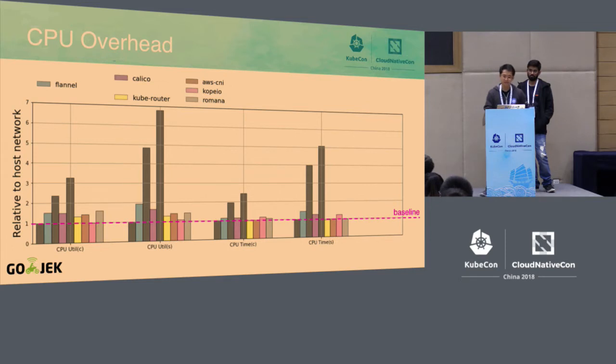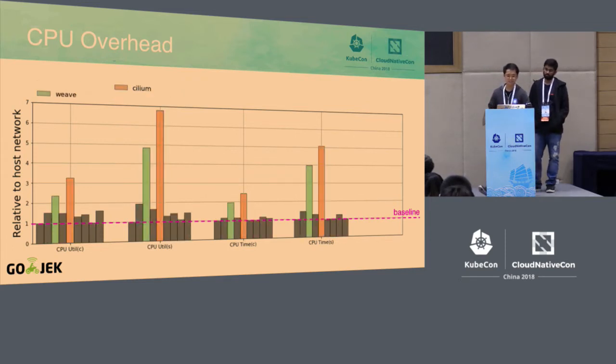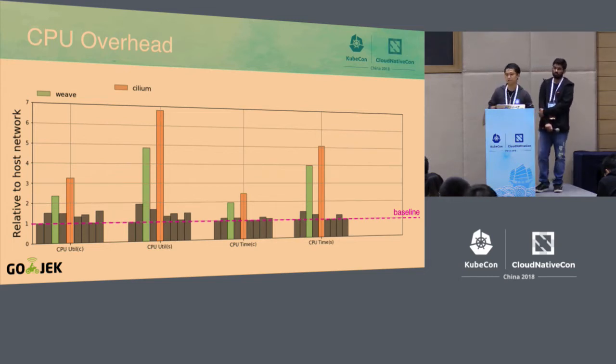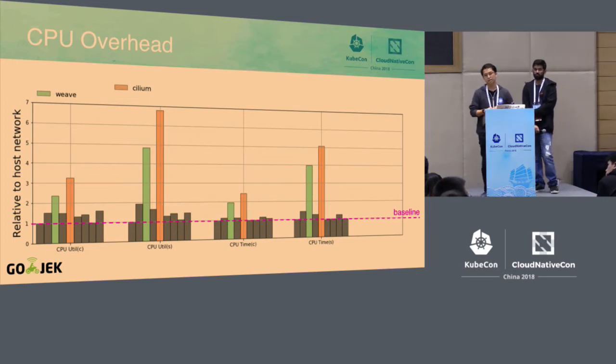However, an interesting result here is these two CNI plugins, Weave and Cilium. Weave adds around double the CPU overhead compared to the baseline, and Cilium at least tripled the CPU utilization here. For Weave, we think it's probably because of the OVS and their software routing, because they do routing, they do peering, and they could survive network partitions and things like that.